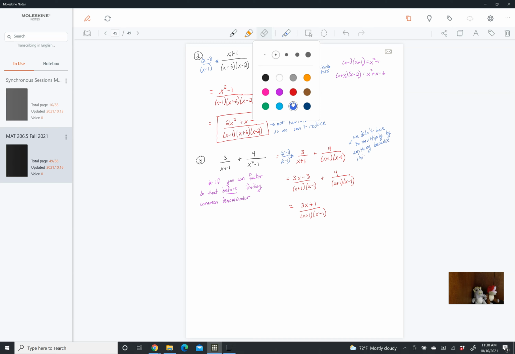Because this denominator already has x plus 1. And 3x plus 1 is not factorable, so this is our final answer. Nothing can be canceled.